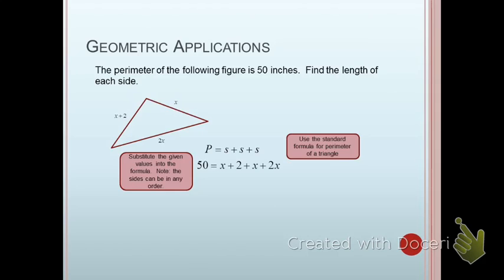So we're going to substitute those values into the formula. So we're going to have x plus 2 plus x, and notice they put 2 plus x instead of putting x plus 2. It doesn't matter, it's the same thing, plus 2 times x.